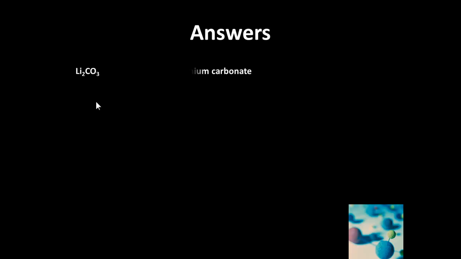And the answers for each of these: Li2CO3 is lithium carbonate, Cu2O copper(I) oxide, CuI2 copper(II) iodide, NO nitrogen(II) oxide, NO2 nitrogen(IV) oxide, NH4Cl ammonium chloride, Pb(NO3)2, lead(II) nitrate, and CaBr2 calcium bromide.